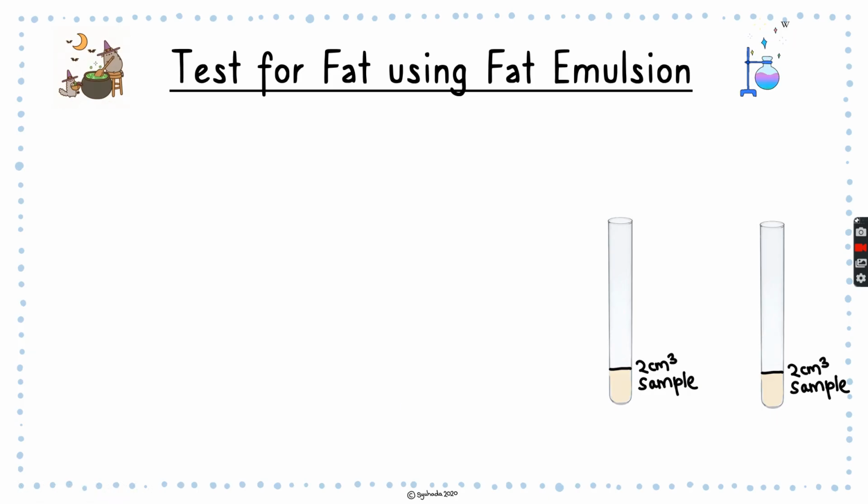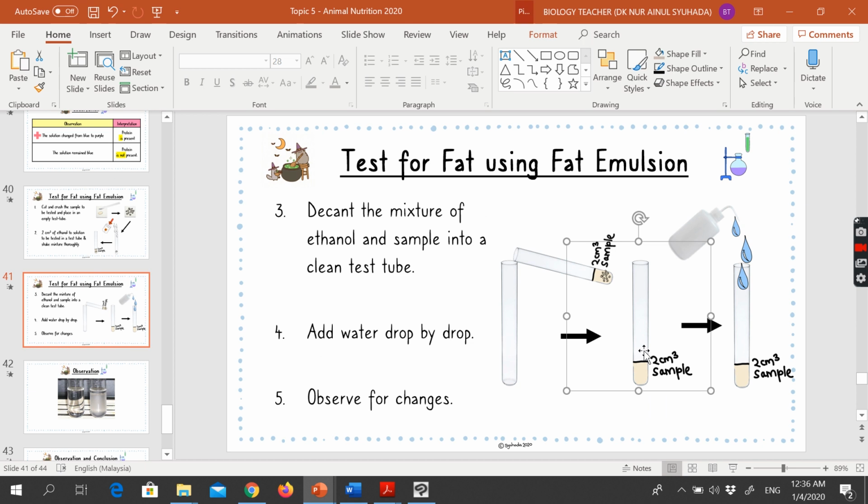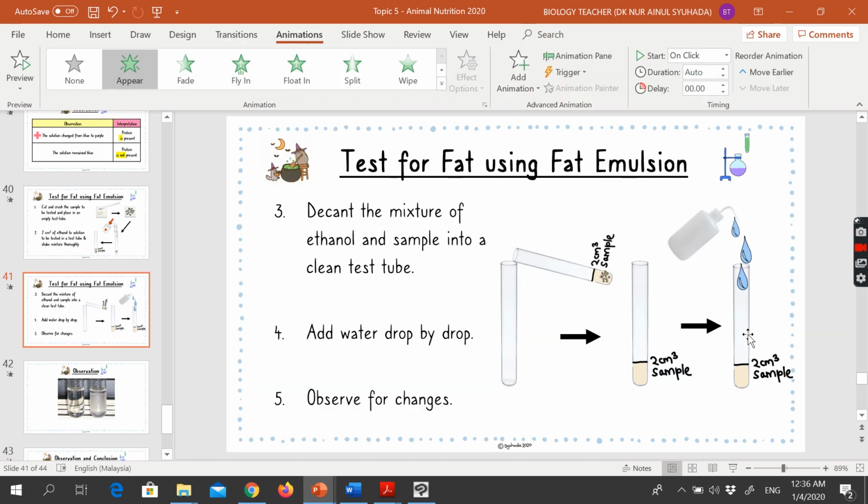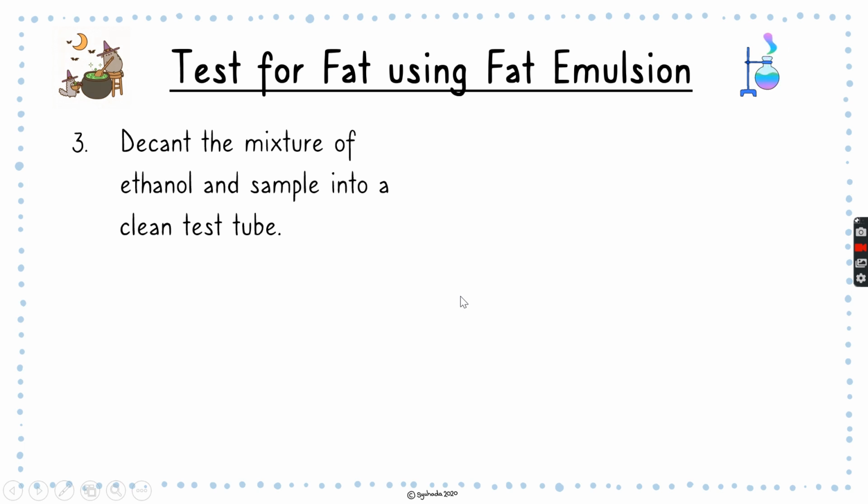Now the thing is that it's a little bit special, in that you don't want the pieces of peanut to be there. So what you need to do is decant that mixture. Decanting just means you transfer the liquid part into a new test tube.